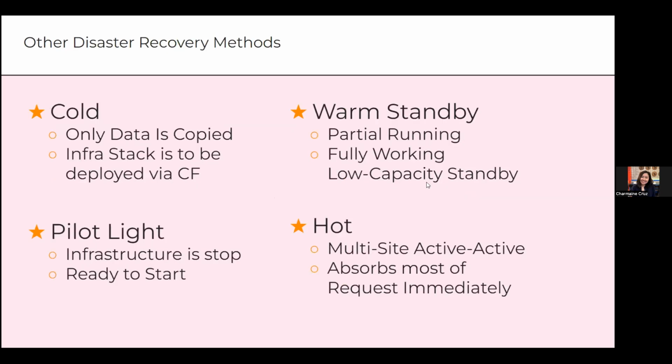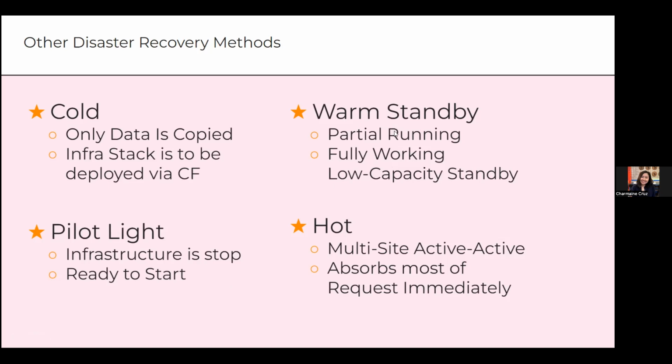Then we have DR methods. We have a few slides for this para ma-differentiate natin yung cold, pilot light, warm standby, hot. So cold, only data is copied. Infrastructure is to be deployed in CloudFormation. Pilot light, infrastructure is stopped and is ready to start.